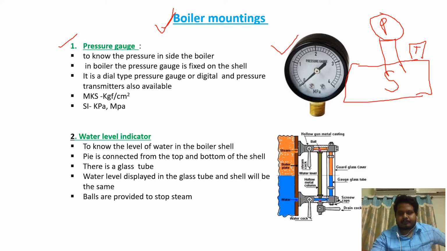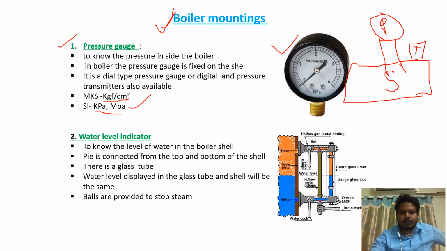And also, when you go to the industry, they may have very old type boilers. So in those boilers, when you look at the pressure gauge, the units will be different. They may have the MKS system or SI system. MKS units are kgf per centimeter square, SI units are kilopascal and megapascal, which we use generally.